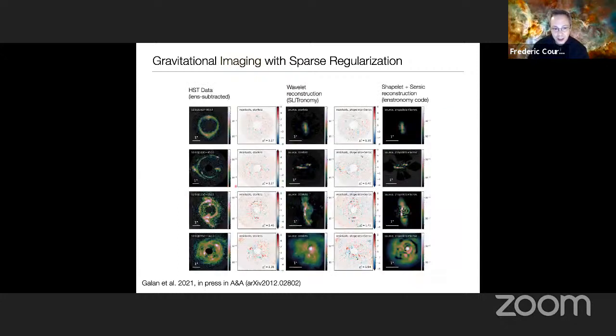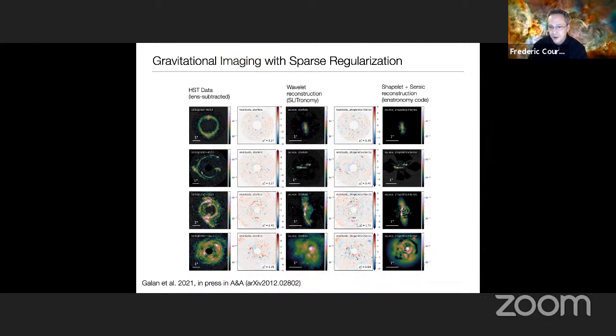Now, results on real data. That's the SLACS sample of lenses where the lens light has been subtracted to make the problem easier. And that's what you reconstruct of the source. This is in fact the unlensed image each time, where the lens light has been pre-subtracted. You see the quality of the reconstruction, those are the residuals each time, and that's what you were getting with the standard reconstruction with shapelet plus Sersic.